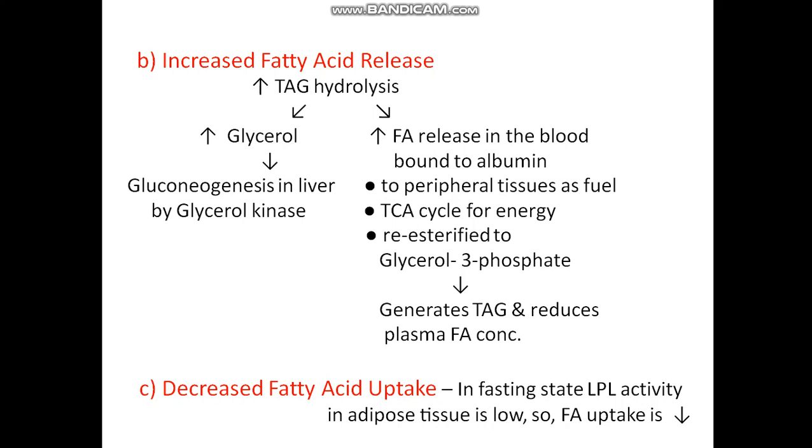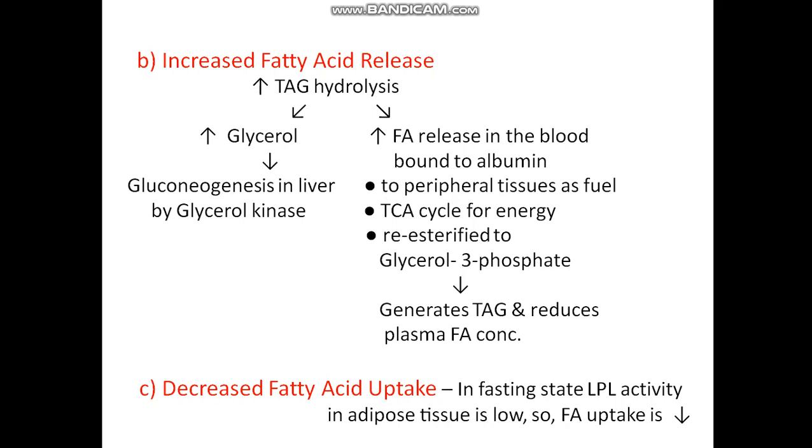Increased fatty acid release: TAG hydrolysis is increased, which is broken down into glycerol and free fatty acids. Glycerol is utilized by the liver for gluconeogenesis by the enzyme glycerol kinase, and fatty acids bound to albumin in the blood go to peripheral tissues where they are oxidized and produce energy, or go to the TCA cycle for energy, or are re-esterified to glycerol 3-phosphate and generate TAG, which reduces the plasma fatty acid concentration.